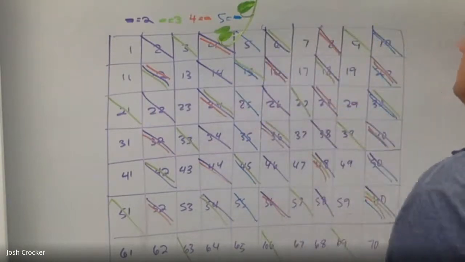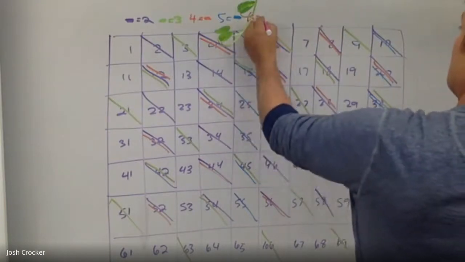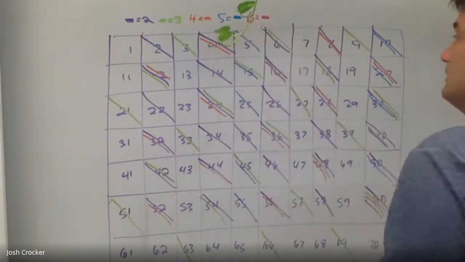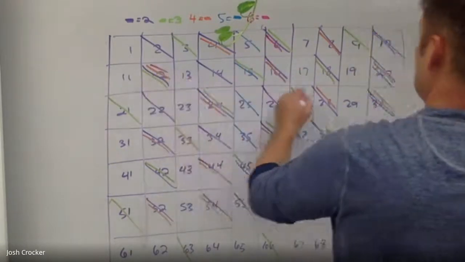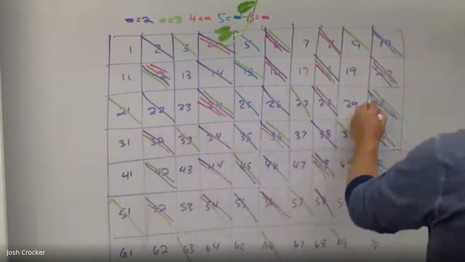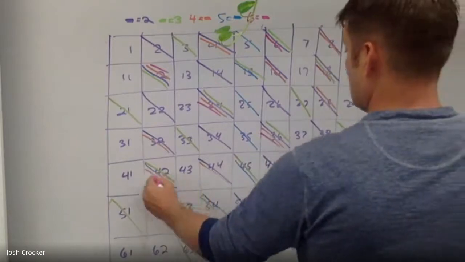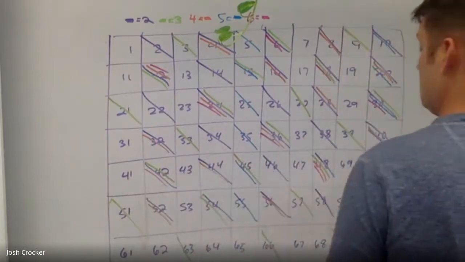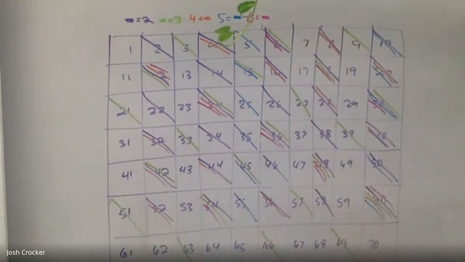Okay. 6s. Here we go. 6, 12, 18, 24, 30, 36, 42, 48, 54, and 60.